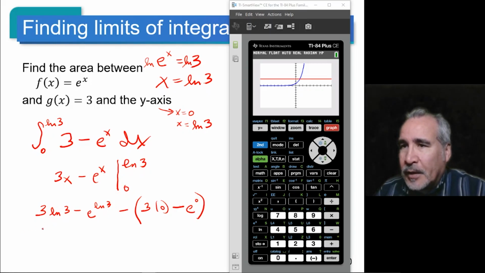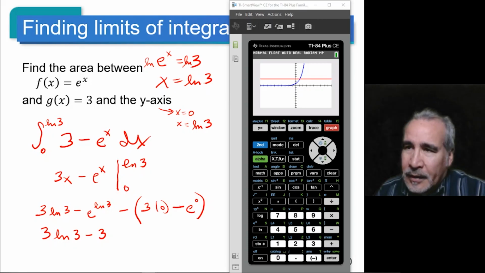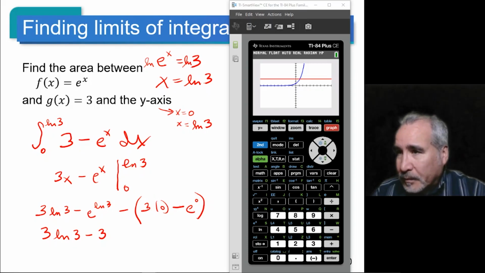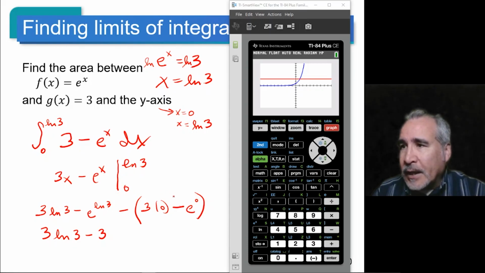So what do we end up with? We have 3 natural log of 3 minus, notice this is just going to be 3, since e to the natural log of 3 cancels, giving us 3. And what happens here? 3 times 0 is 0, so that's gone. E to the 0 is 1, so you get a minus on this.